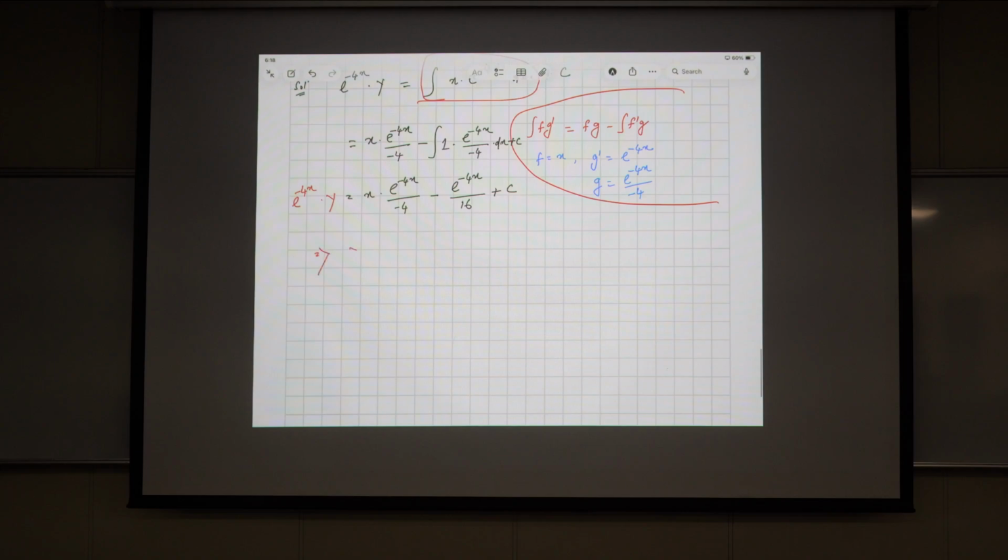That means my solution will be y is equal to minus x/4 minus 1/16 plus c e^(4x).